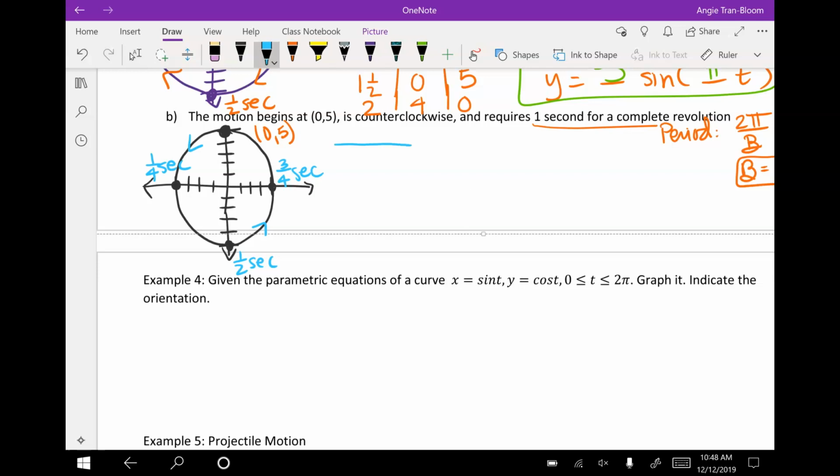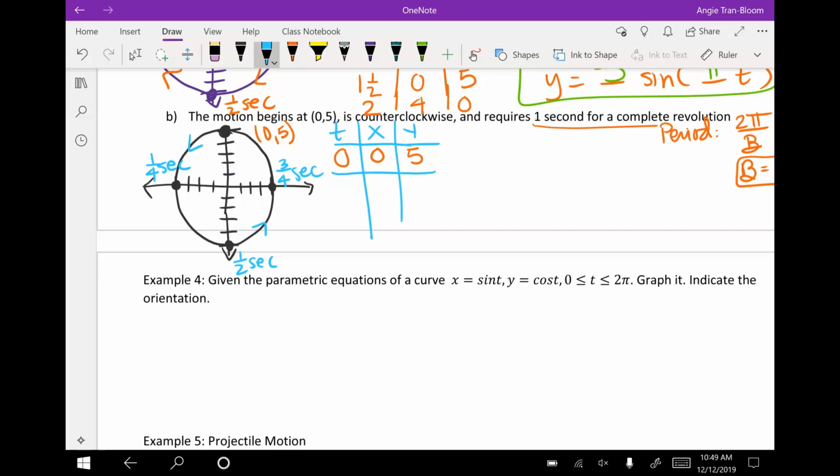I'm going to make a table because some of you were absent yesterday. This is time, x location, and y location. So when time is 0, this is where it starts. If time is 0, it starts at an x location of 0, y location of 5.